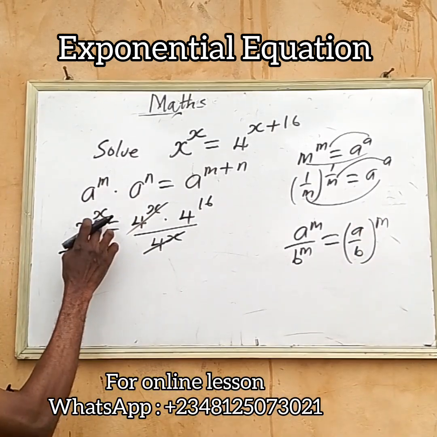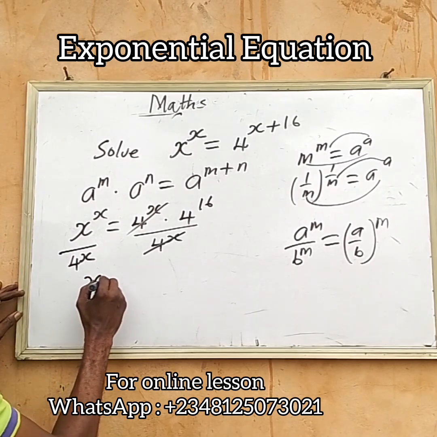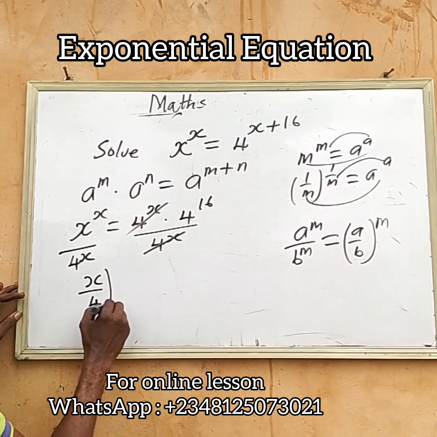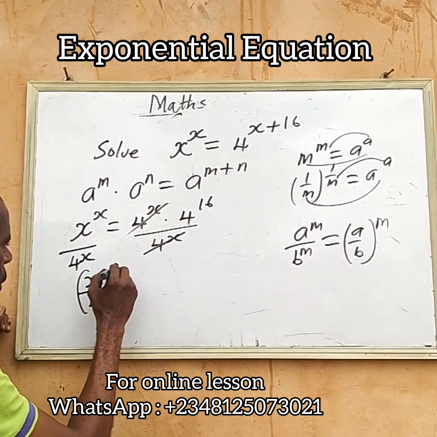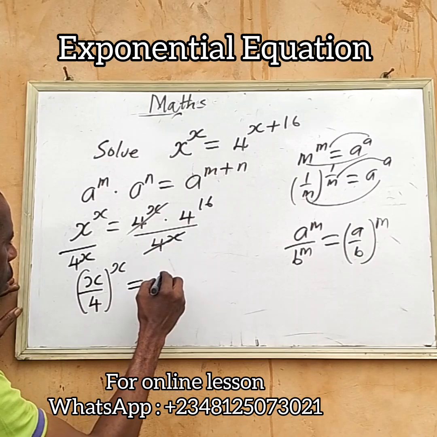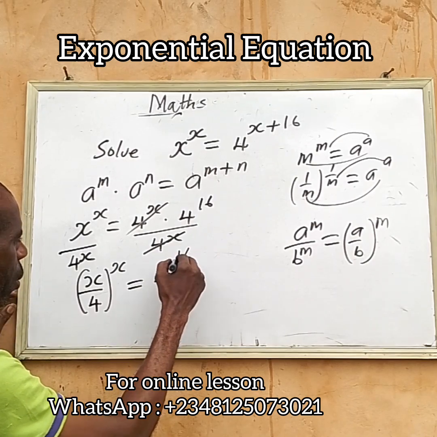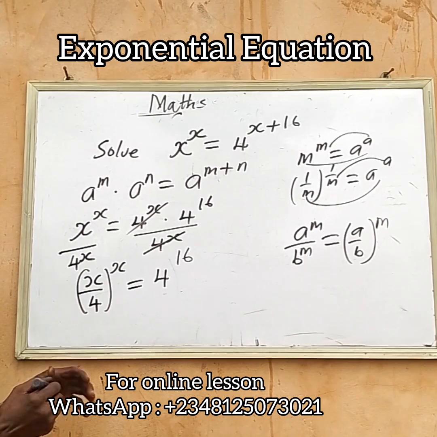So we have x over 4, raised to x, equal to 4 raised to power 16. This is what we have here.